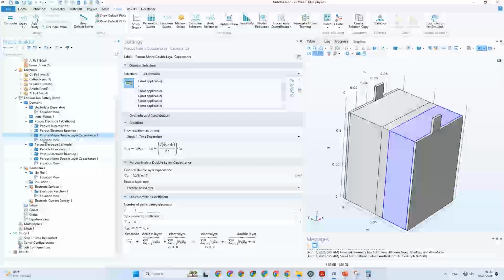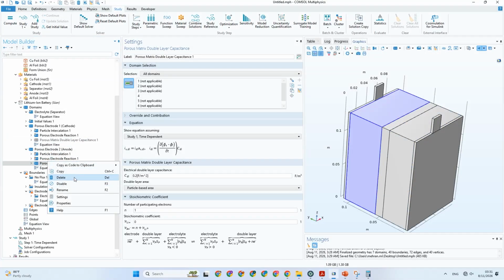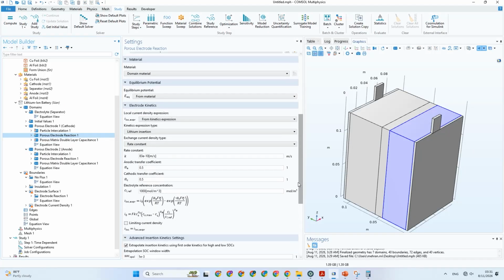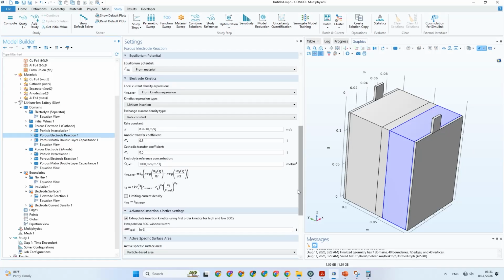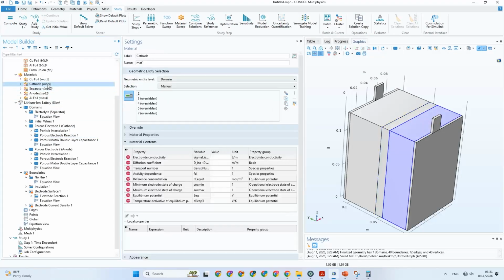Maybe we can, for now, we can disable it because we don't need it now. Or we can remain it, okay? But there is no data that insert for this. Okay. Now I need the other data.